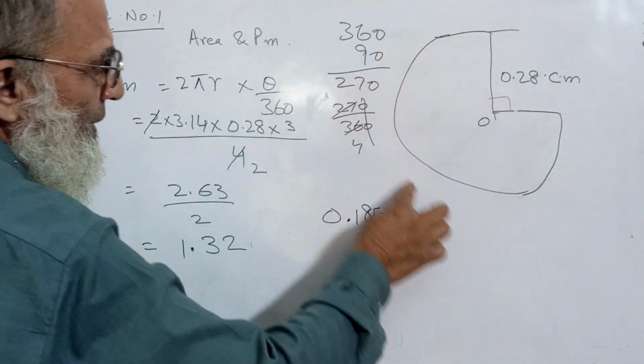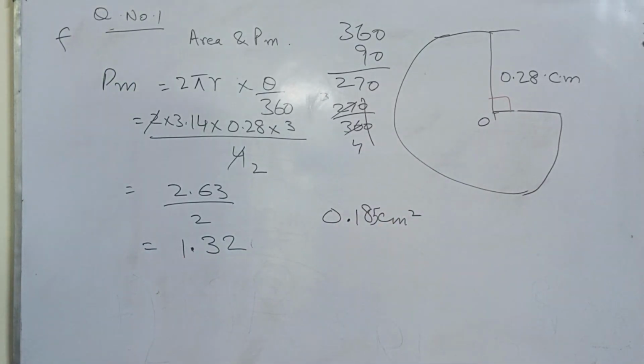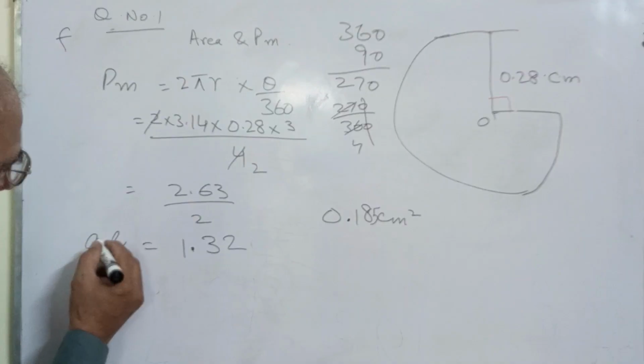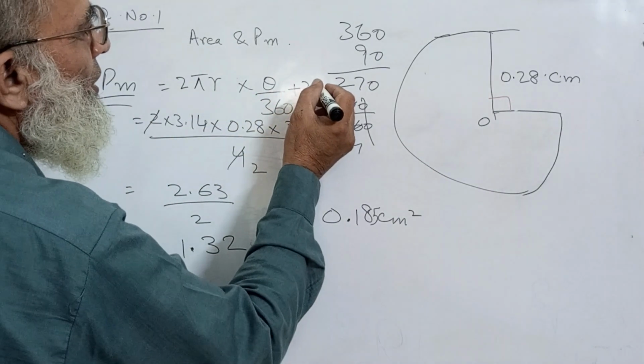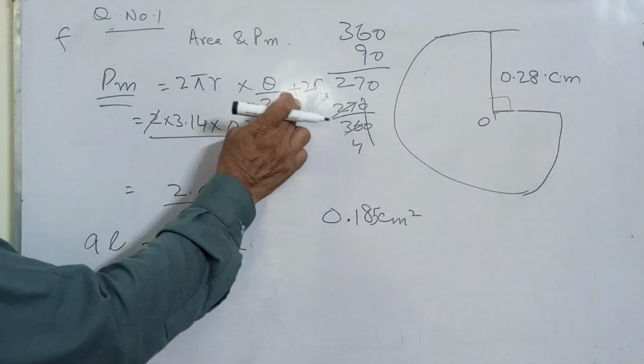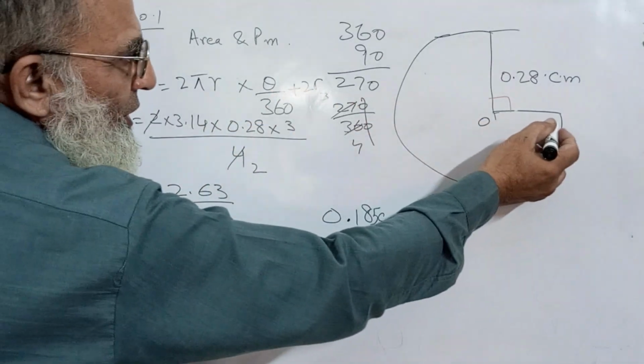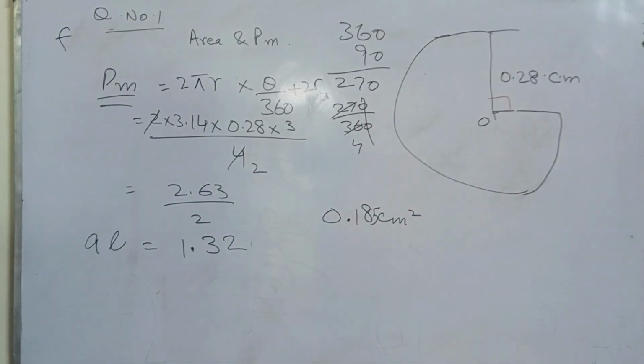1.32 is the arc length. It is not the perimeter, because for perimeter you have to add 2r. So this portion and this portion are still left.